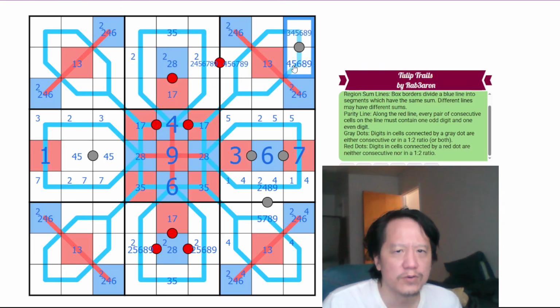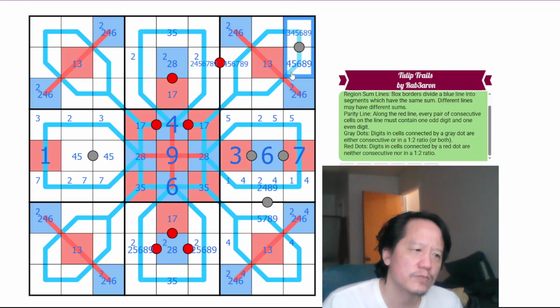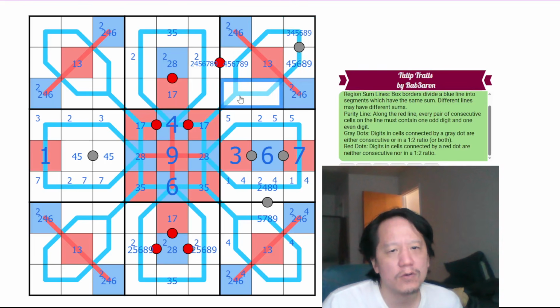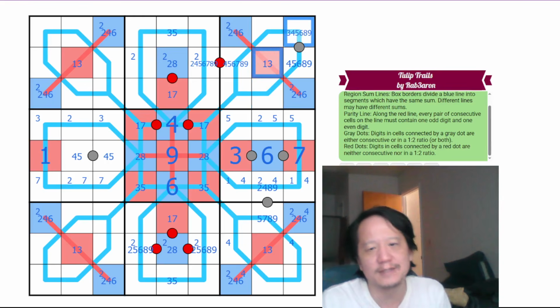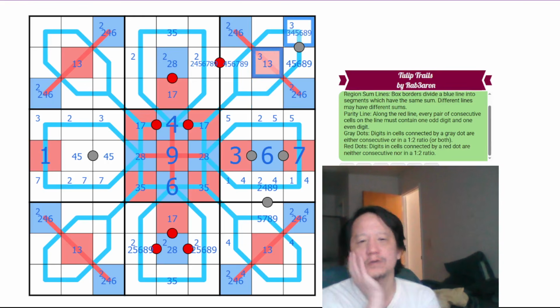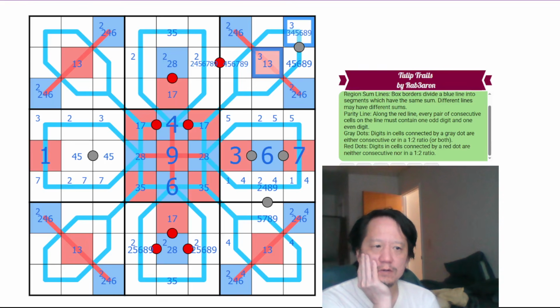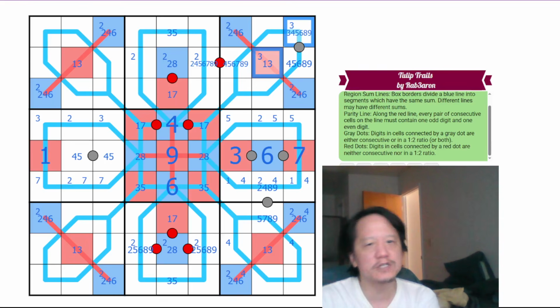Can you, though? If we had 4 and 8... where's the... Ah, interesting. So 3 cannot be here. 3 cannot be either of these cells. So 3 has to be one of these two. That's interesting. So this can never be 4.